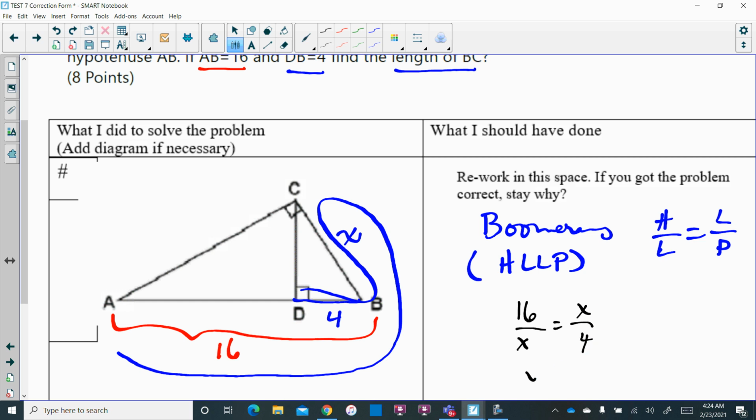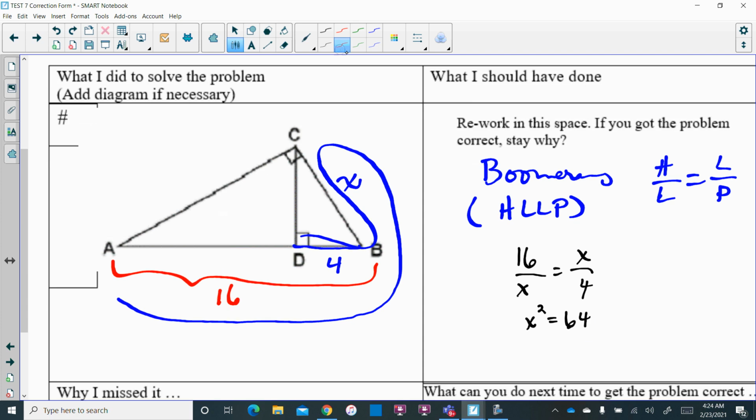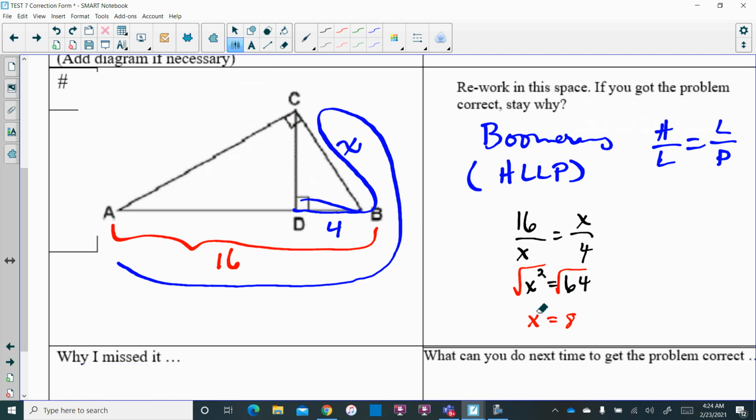Don't forget this becomes x squared equals 64. And then we have to take the square root. And so x equals 8. Oh, so this one did not come into a radical. I don't know which one I was thinking of. And so that was the perfect square.